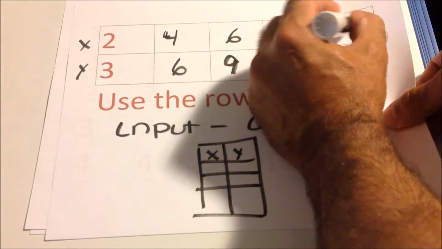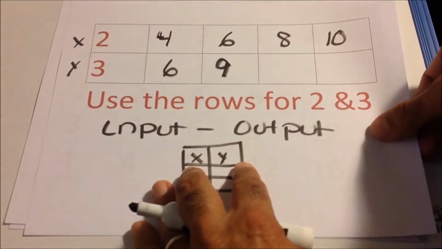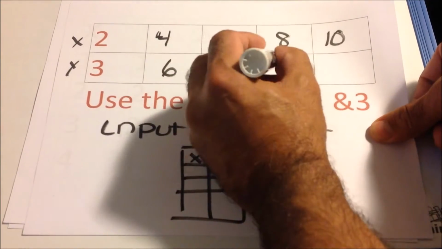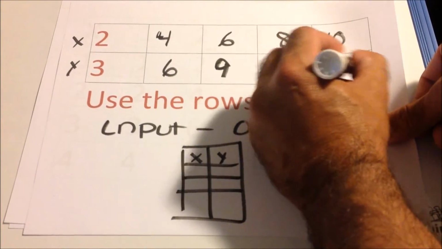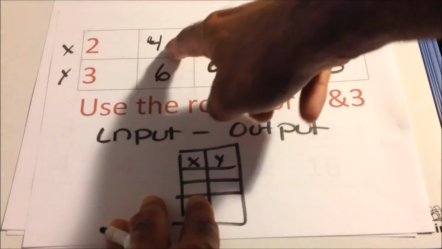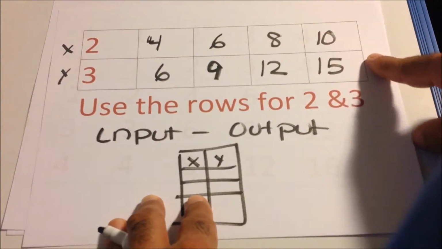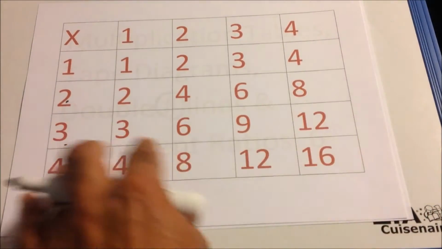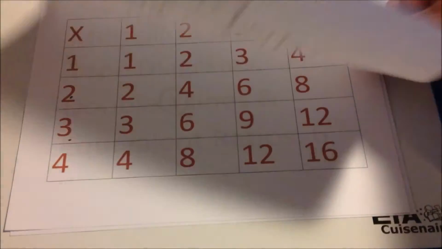You can see it's going up by 2 each time on top, and it's going up 3 each time on the bottom. Okay? And so we have our input-output box using the multiplication table, just following the rows of 2 and 3.